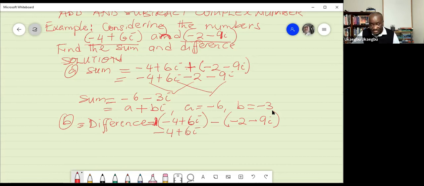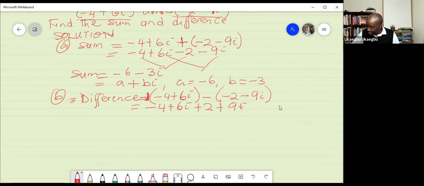Now here's where the changes begin to happen, and this is where many people make mistakes. So negative times negative here changes to positive. So you have +2. Negative times negative here changes to positive. So you have +9i. And you still collect the like terms. These and these are like terms, and these are like terms.